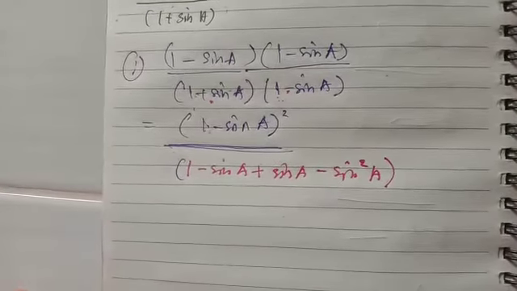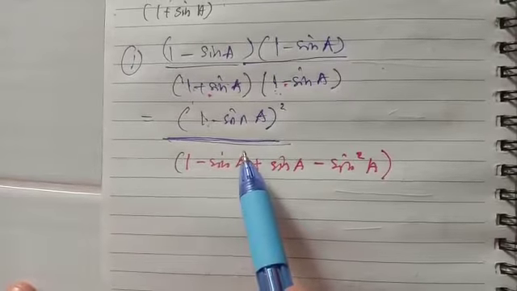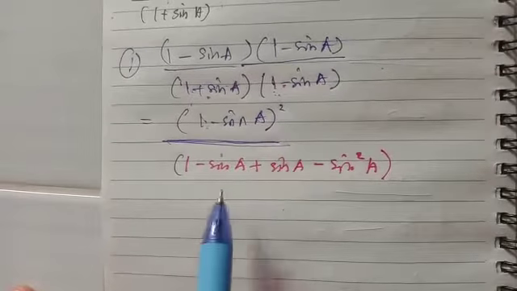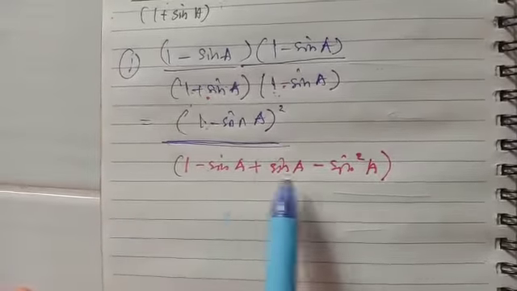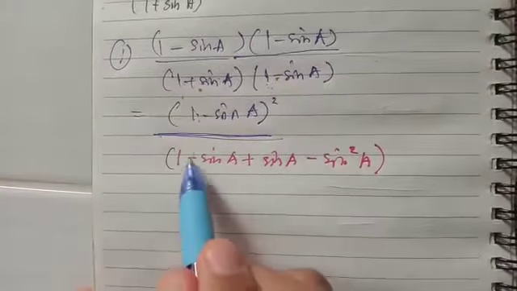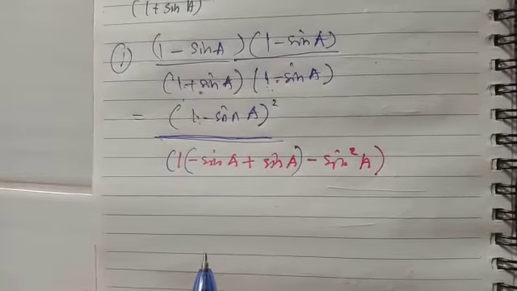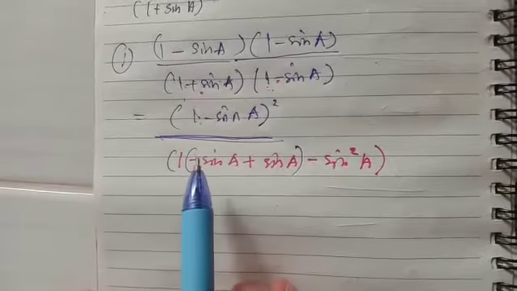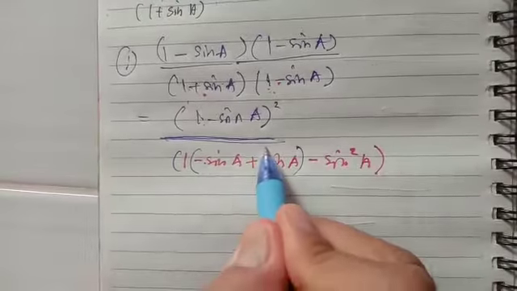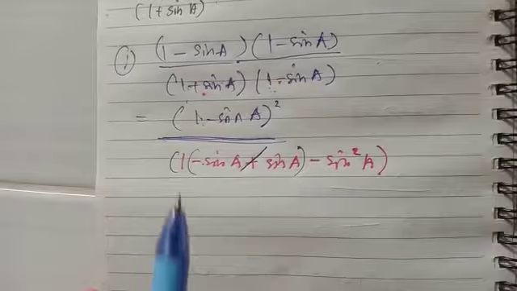I change the color of my pen. When we see this angle being repeated with a negative and a positive, in mathematics you can cancel these out because it will be 0.